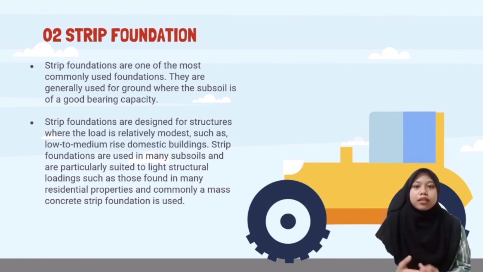Strip foundations are used in many subsoils and are particularly suited to light structural loadings, such as those found in many residential properties, and commonly a mass concrete strip foundation is used.